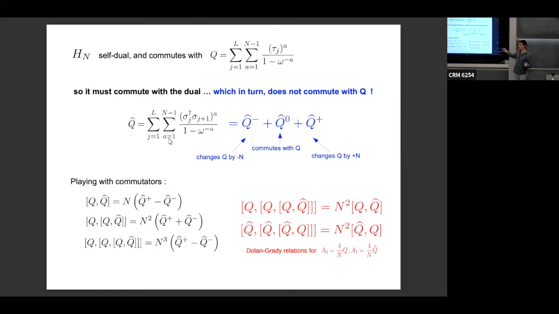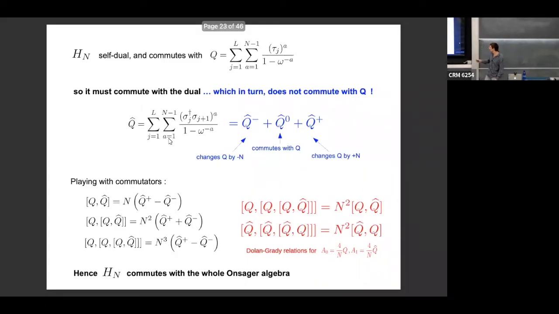And these two equations are nothing but the Dolan-Grady relations, after having renormalized Q and Q hat. So A naught and A1 are proportional to Q and Q hat respectively. This means that just from these two simple observations, we are guaranteed that Hn commutes with the whole Onsager algebra. And this is actually quite powerful.